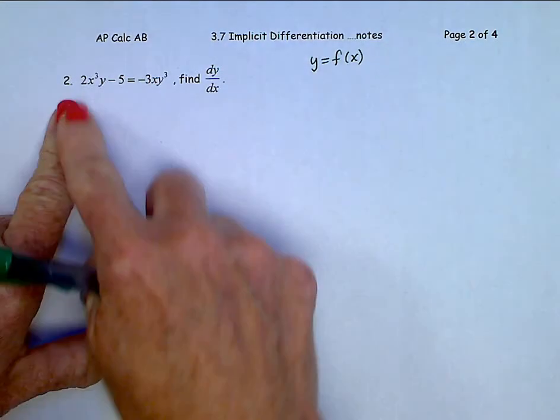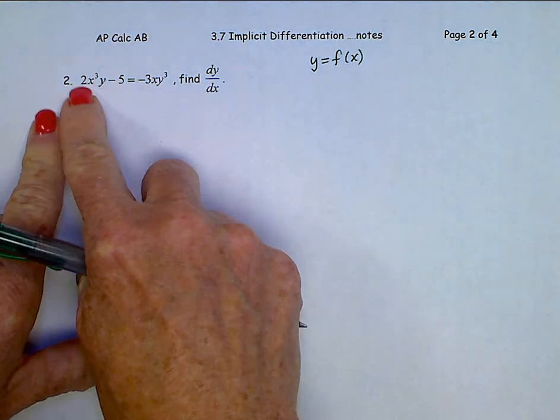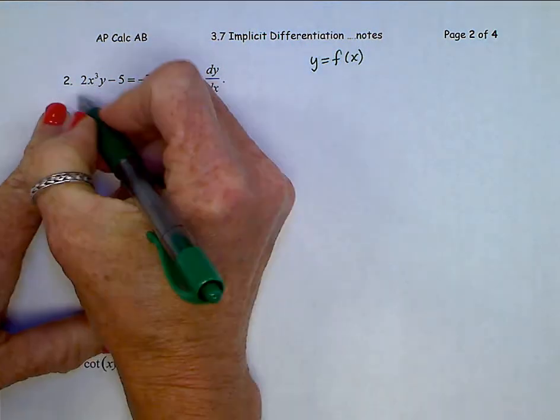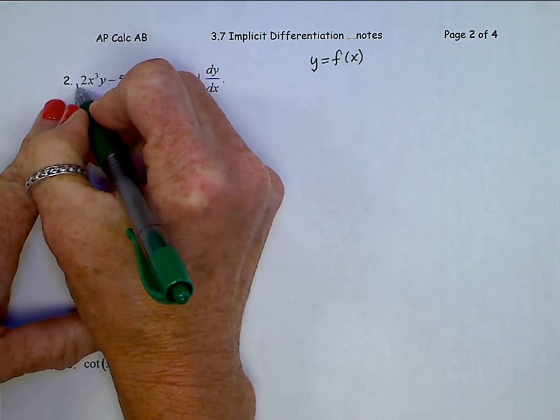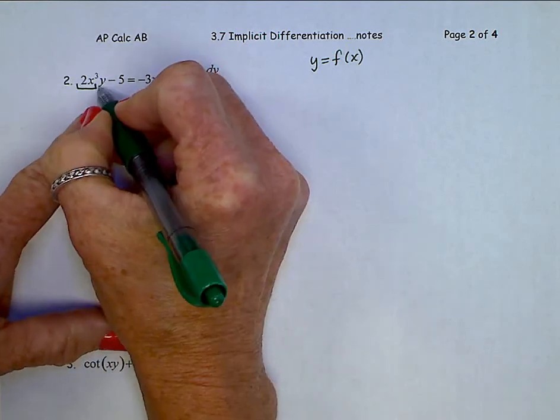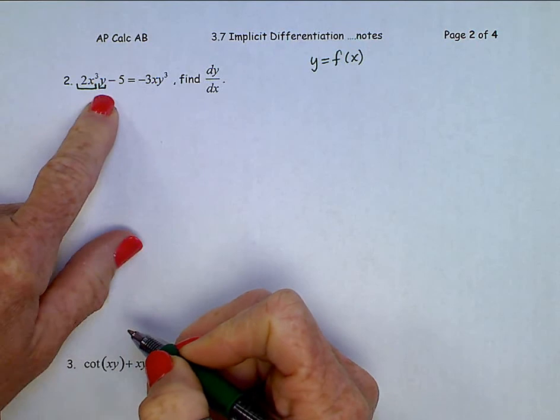When we look at this one right here, this 2x cubed y, we have a product rule here. There's the first function, and y is the second piece.